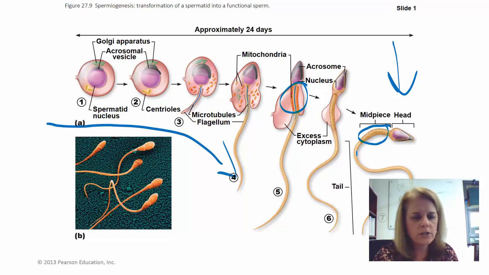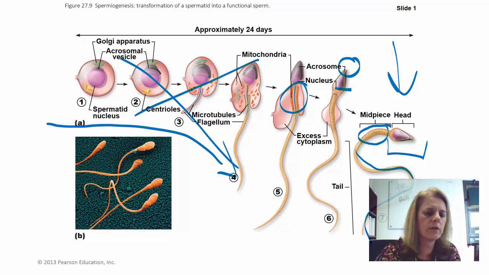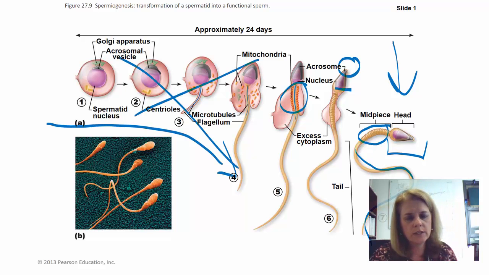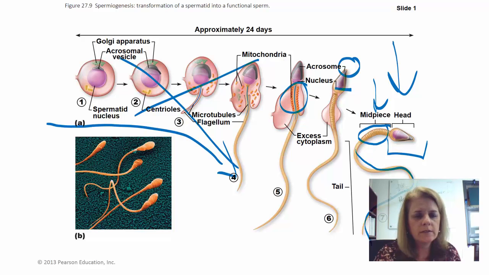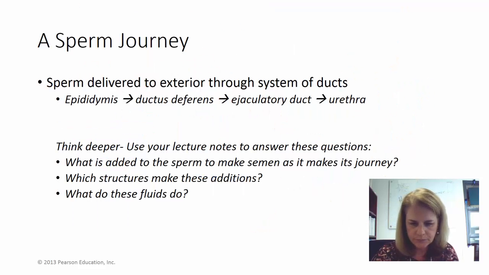The large tail, or flagellum, you need to know that part, and you need to know the head. In the head, you have the nucleus, which is this purple thing, and you have a tip called the acrosome, which has the enzyme in it. I'm not going to test you on this part for the lab test. You just need to be able to identify the tail, the midpiece, and the head. Tell me what's in the midpiece and what's in the head, your acrosome and your nucleus.